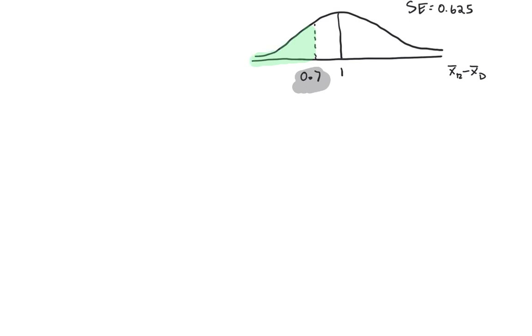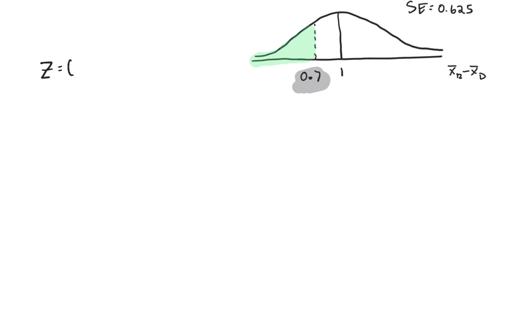And again, we don't have a table for this particular normal distribution, but we can always change it to the standard normal distribution by just looking at how many standard deviations you are away from the mean. So let's find the z-score of 0.7.